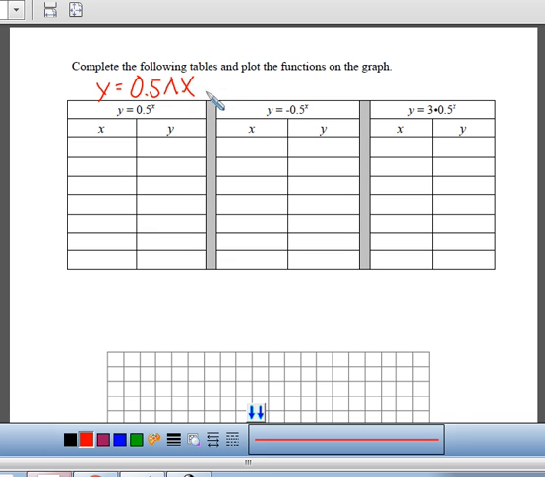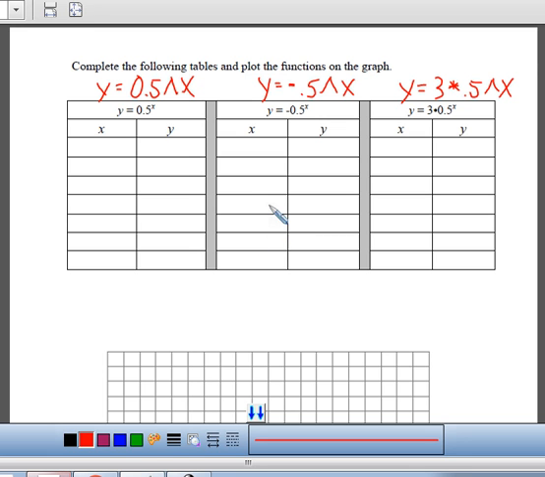That's 0.5 raised to the x power. For the next one, y equals, make sure you do a negative and not a minus. You don't need the 0, so if you want to just do 0.5 caret x, that's fine. And then for the last one, y equals 3 times 0.5 to the x power.